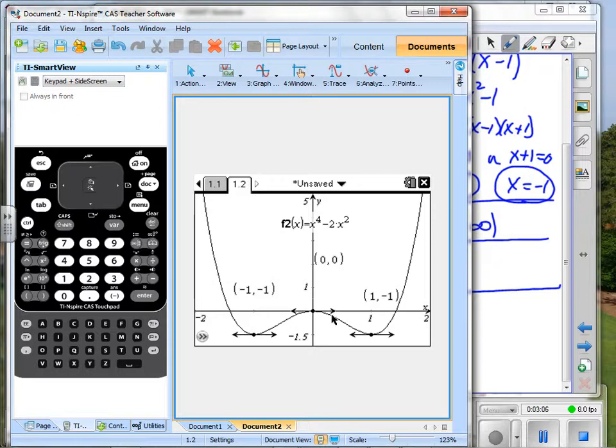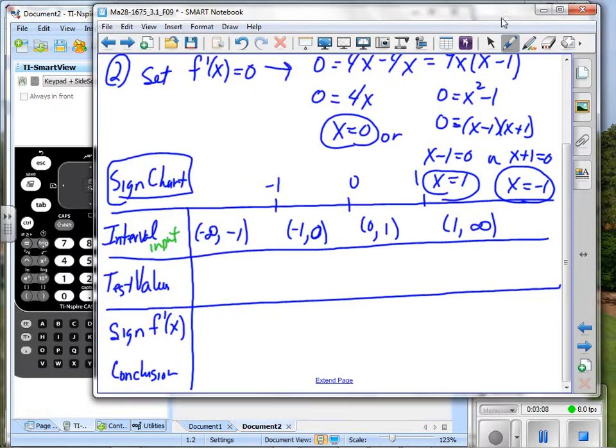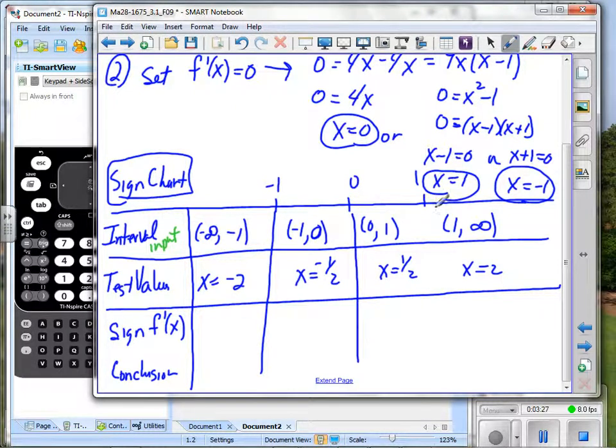It should be positive, and so forth and so on. So all you have to do is just choose anything. So we can choose an x equaling -2, an x equaling -1/2, x equaling 1/2, and let's just say x equaling 2. We're just going to get a test value, one for each of those intervals.